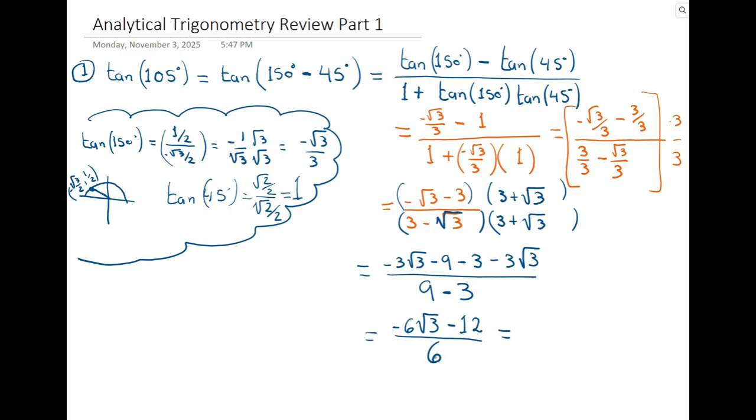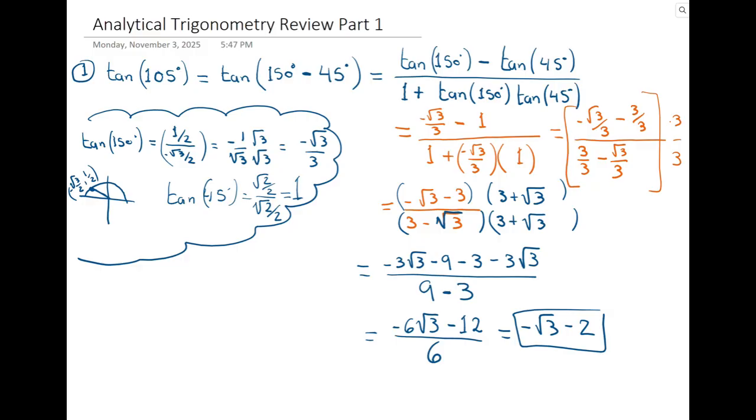So negative 6 over 6 is negative 1, so that's just negative root 3. And negative 12 divided by 6 is just minus 2, and that will be the simplified version of this. Okay, so that's for the sum or subtraction formula for the tangent, which we haven't really done much of.